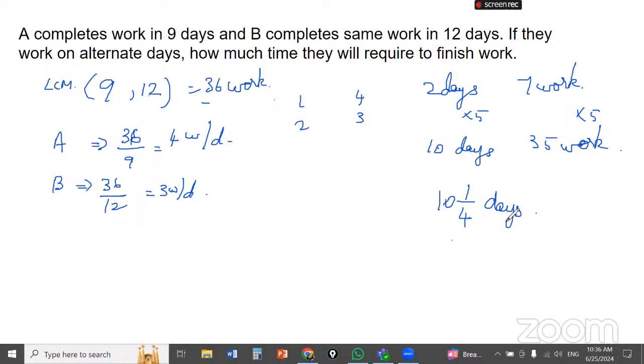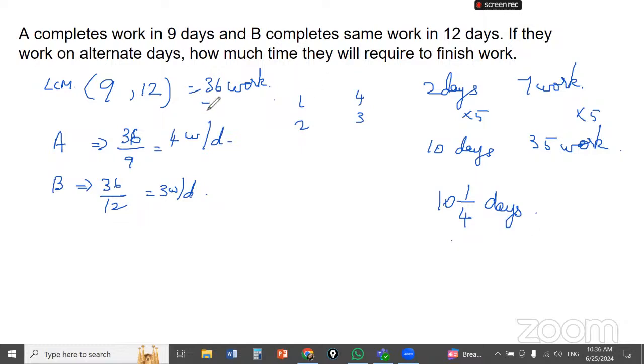That's the meaning here. Okay, and Kevin, now you asked why it is 5. Because for every 2 days, we are completing 7 works, like that, multiples of 7. The work will be done in multiples of 7: 7, 14, 21, 28, like that, it will be coming.